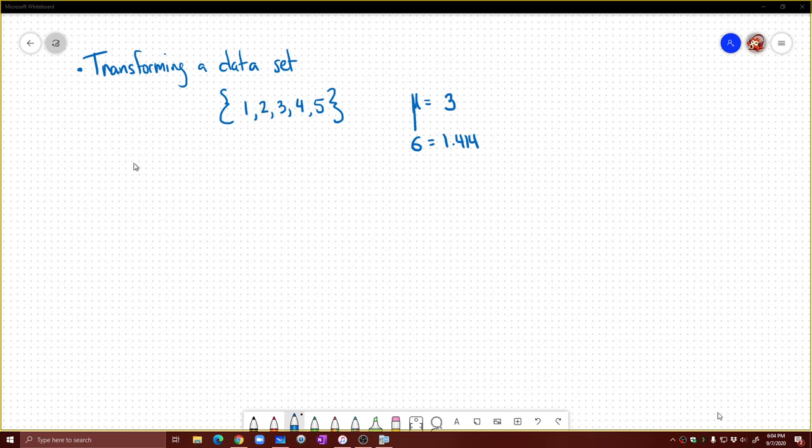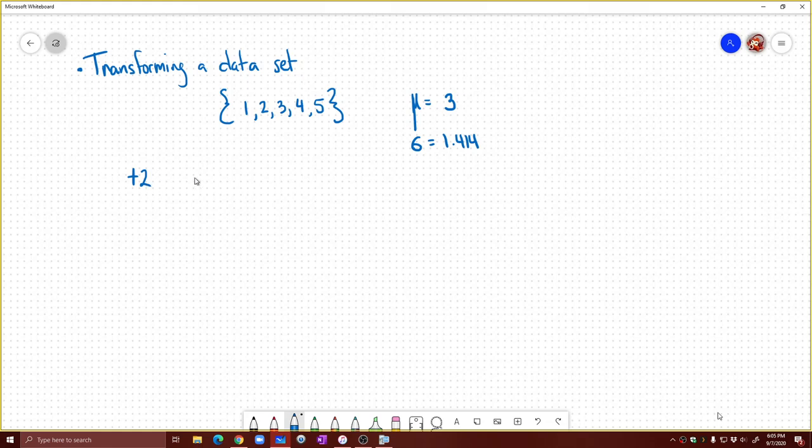So as a teacher, I might say, you know what, I'm going to give everybody +2. So I'm going to add 2 to every data point. Okay, so obviously our data set then would look like 3, 4, 5, 6, 7. So it would look like this.